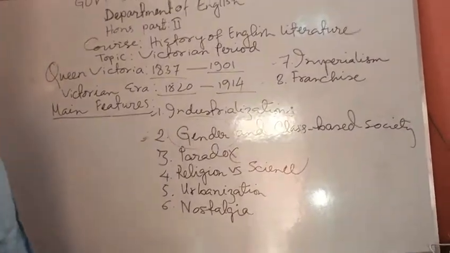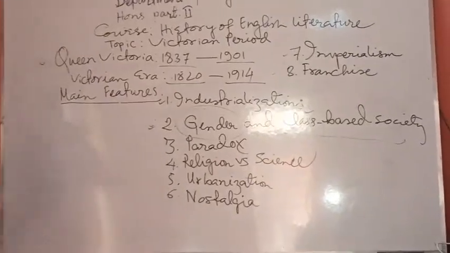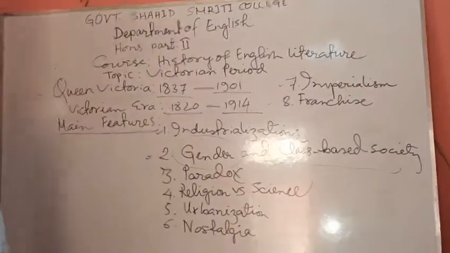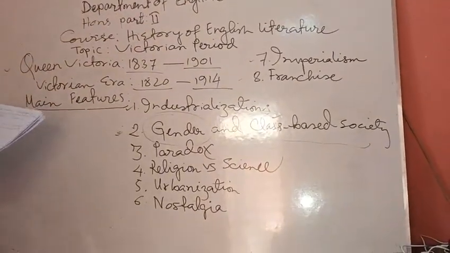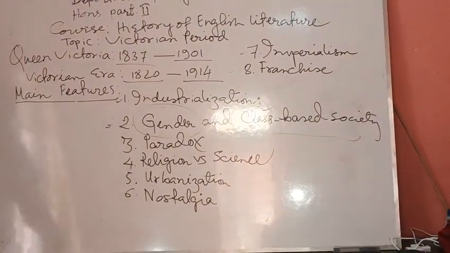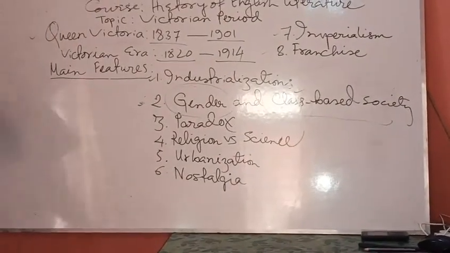Then comes the class-based society. How was it? Actually, there are different determinants to determine their class: income, occupation, education, family structure, sexual behavior, policies, politics, and leisure activities.